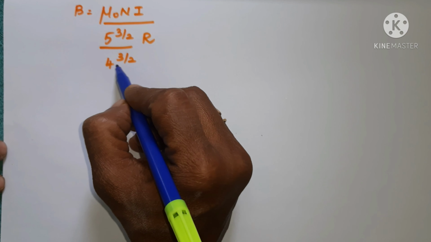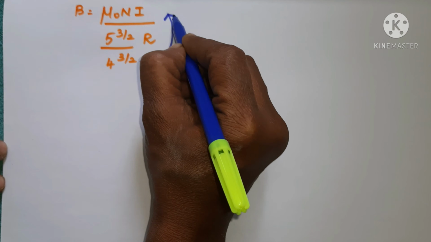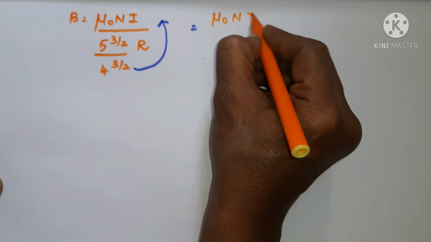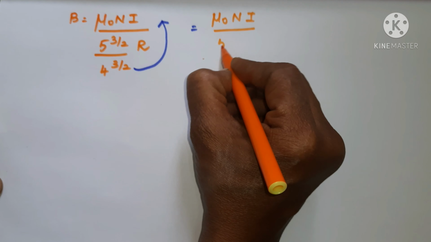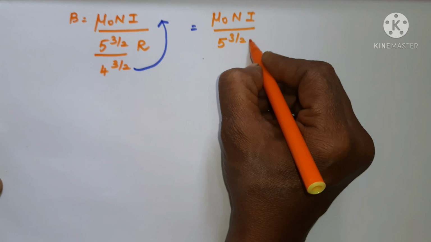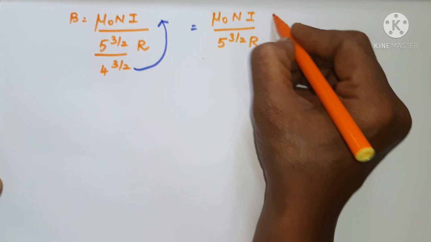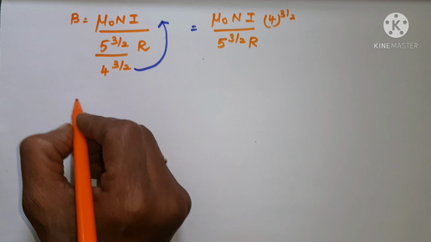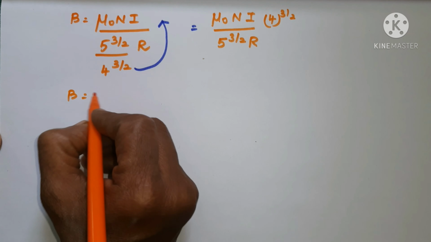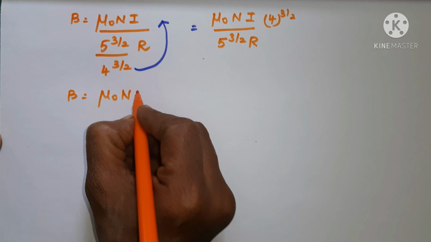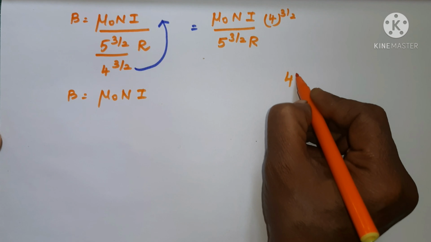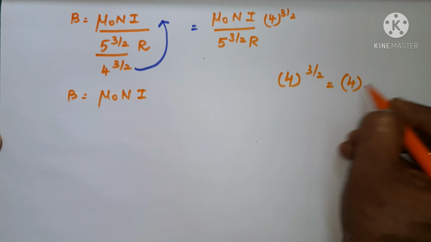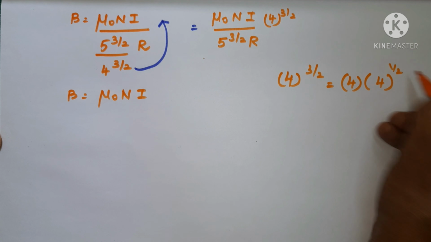We shall take this 4 power 3 by 2 to the numerator. This will be equal to mu naught N I 4 power of 3 by 2 divided by 5 power of 3 by 2 into r. Now we shall write that 4 power of 3 by 2 to be 4 into 4 power of 1 by 2.